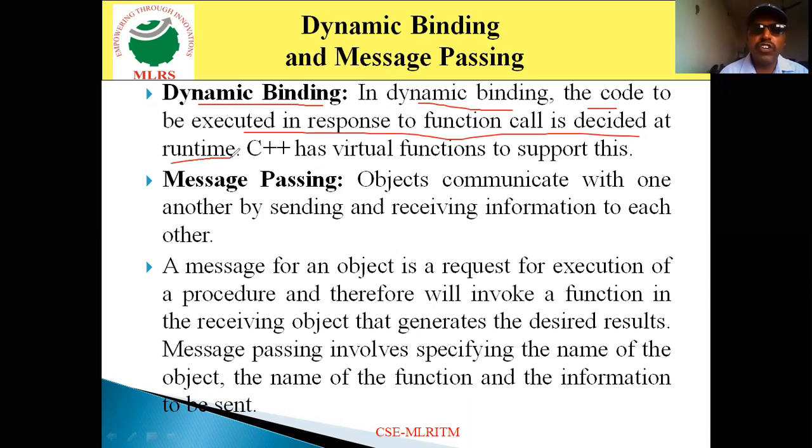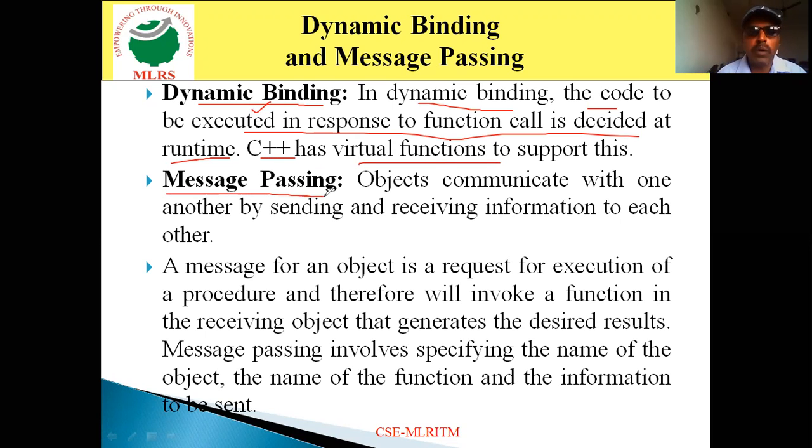For example, assume you define one main function which consists of 3 to 4 modules, and all the modules have the same name and same properties. Then which module is going to execute is decided at runtime. Only one module has to execute, and which one is decided at runtime. We call this dynamic binding. Here C++ supports dynamic binding in the form of virtual functions.